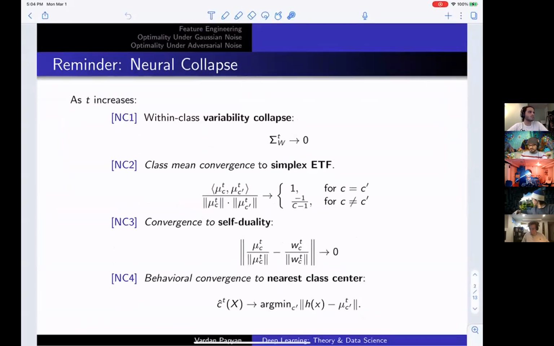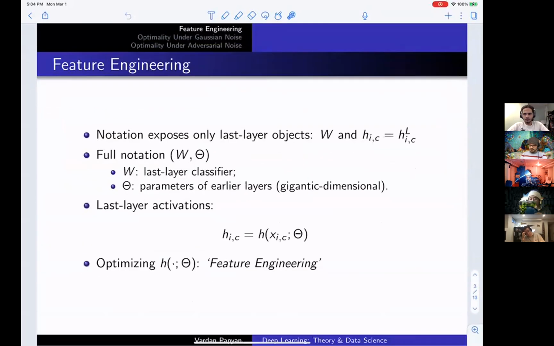Here is again a summary of neural collapse, but I feel like I've mentioned this one too many times in this lecture, so I'll just skip the summary. Recall that in these experiments, we were looking for the most part at the last layer classifier, W, and the last layer features, which we denoted by h_ic, sometimes h_ic capital L. Now, notice that this notation is hiding something.